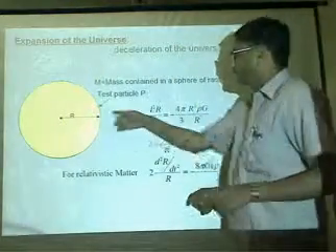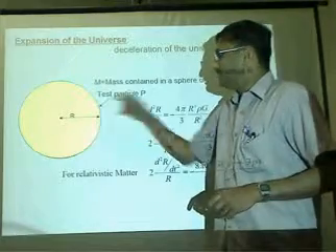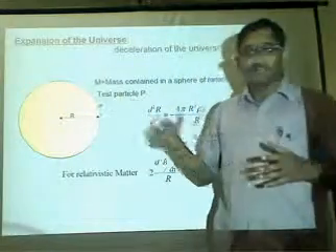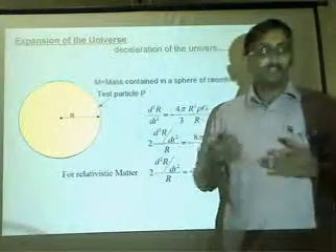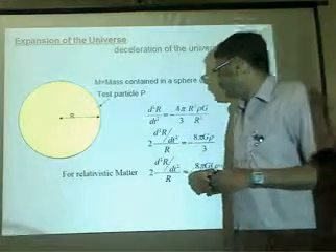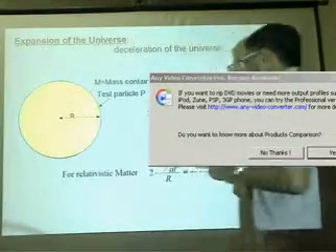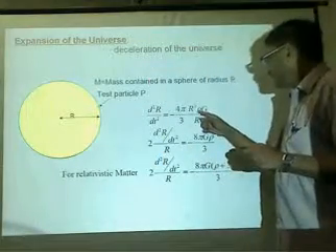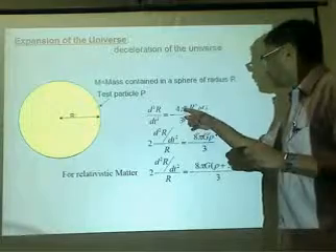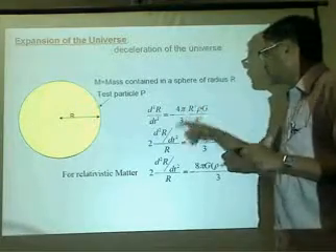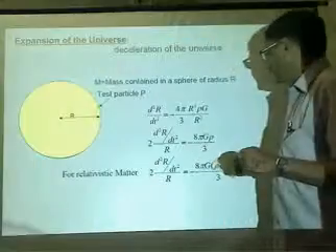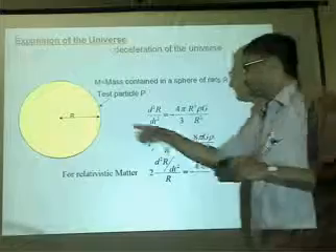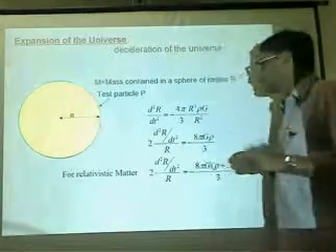Now, what is the force on this particle? As I said earlier, only the portion within the sphere will contribute and the portion outside will not for the gravitational field. So the gravitational force per unit mass on this test particle is rho into 4 pi by 3 times r cubed, which is the total mass contained in the sphere, multiplied by capital G, the gravitation constant, and divided by r squared.